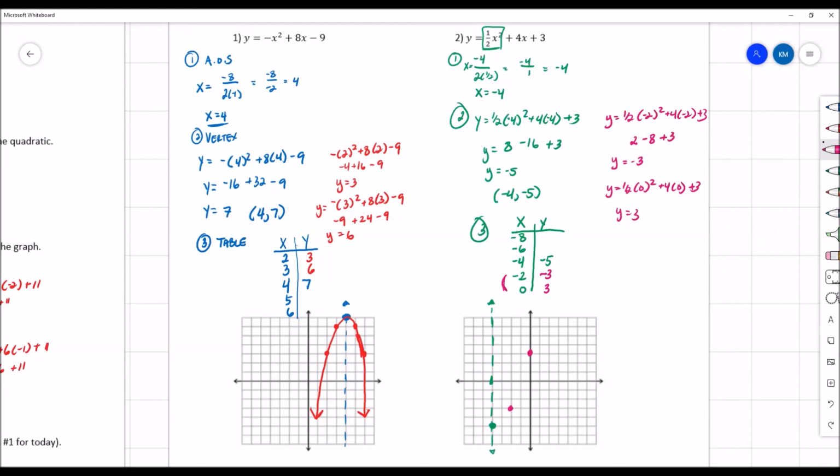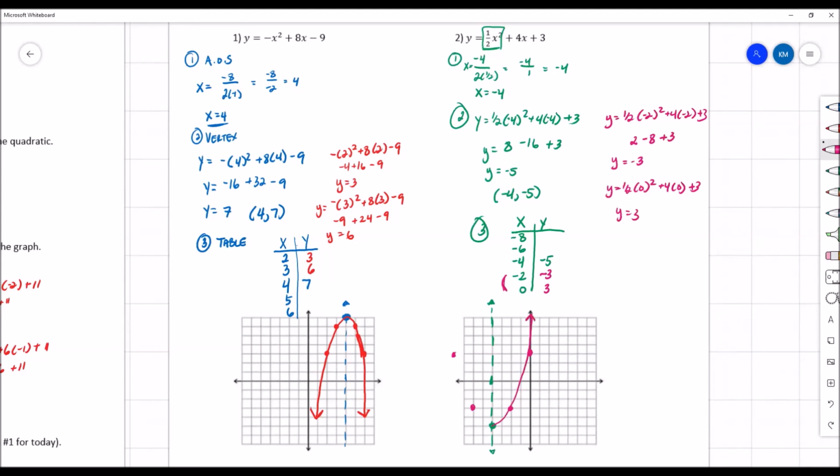On the other side, copy it over. Then here, I'll add it there. And there is my parabola.